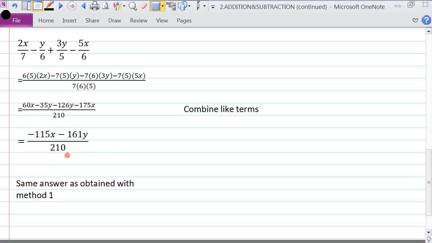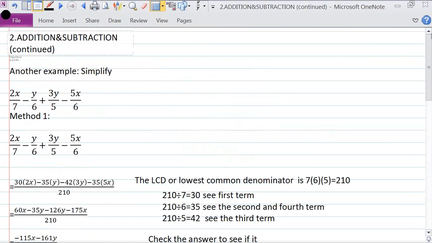Can I take a 2 out? And you can reduce it twice. For example, you could take a 2 out of the top and the bottom and then realize it needs to be reduced again with another 2 or a 4. So always ask yourself at the end, can this be reduced further?